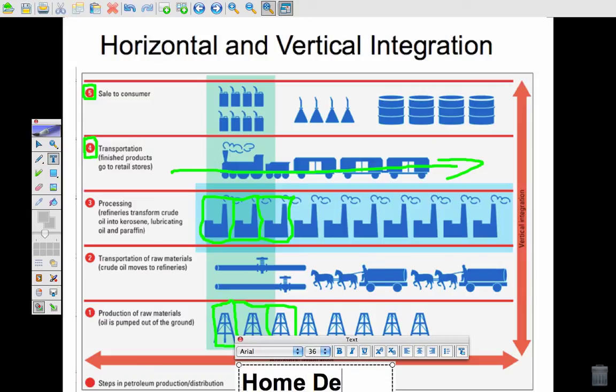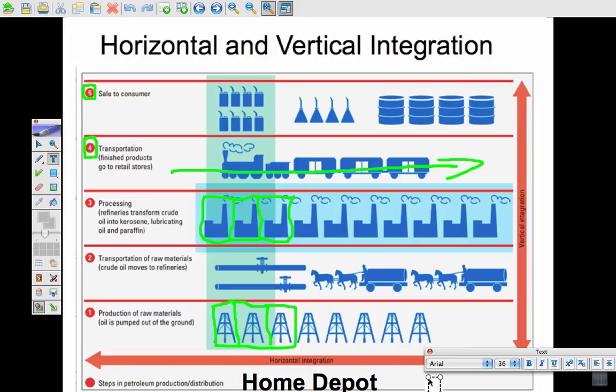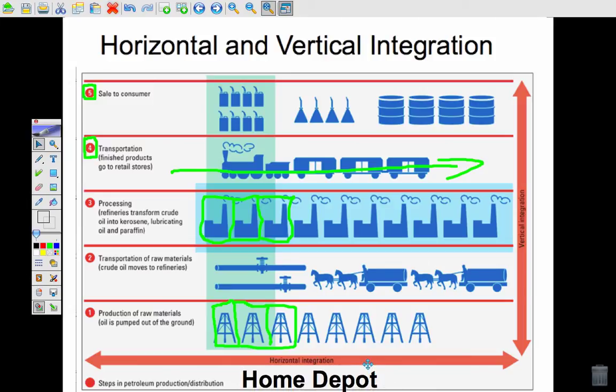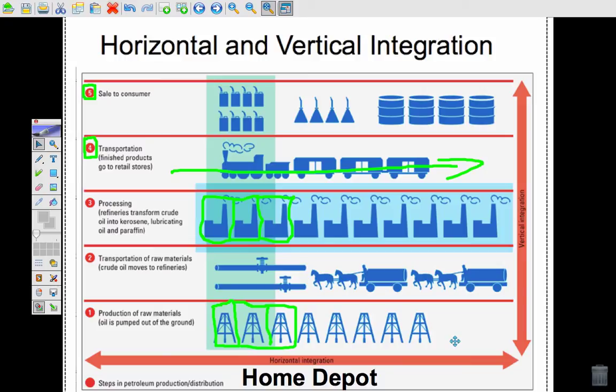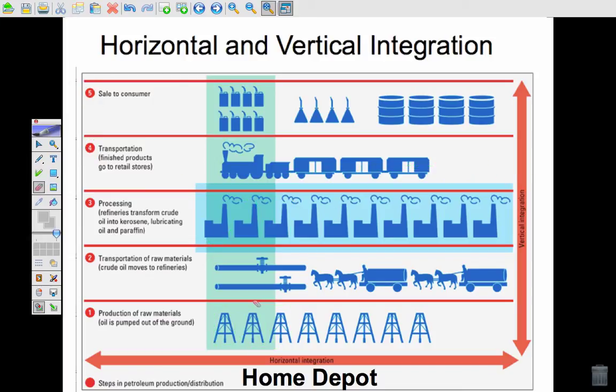Okay, Home Depot, and I'll put our little ticket down here real quick underneath horizontal integration. Home Depot has really started to refine steps in horizontal integration.